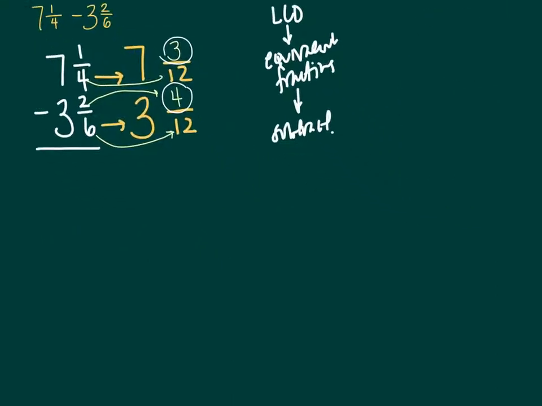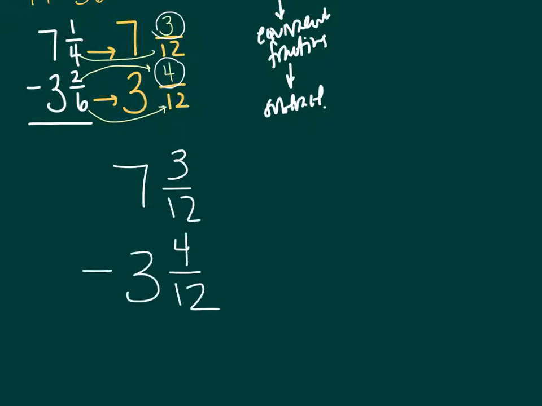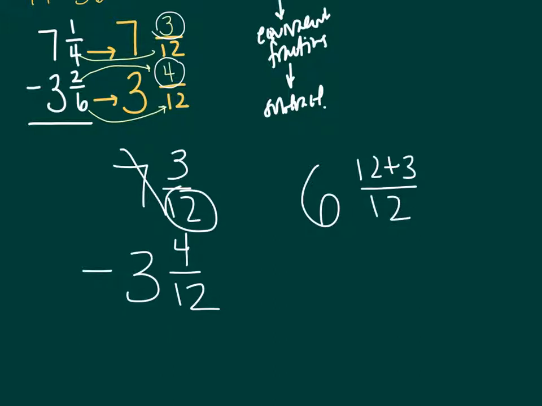So again, shrink that just a little bit here out of our way, and then pick back up with it. So now I'm looking at 7 and 3/12. 7 and 3/12, subtract 3 and 4/12. I'm going to end up borrowing from that 7 to make that a 6, and since each whole has 12 in it, I'm going to add 12 to the 3, so it becomes 12 plus 3 over 12.